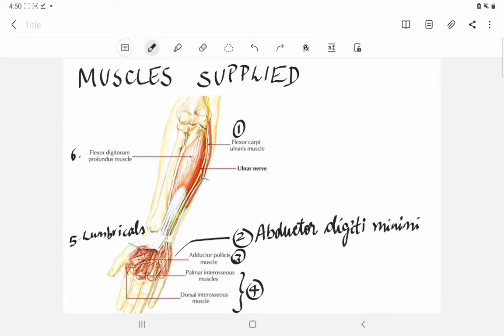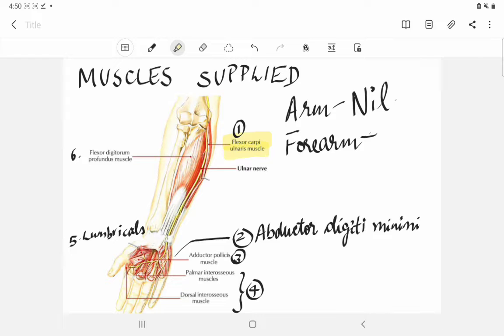So now we'll talk about the muscles supplied by the ulnar nerve during its course. First, we talked about its course in the arm, and in the arm, it supplies no muscles. So in the arm, it's nil. Now, when we come to the forearm, as you can see from the diagram, the muscles supplied by the ulnar nerve are the flexor carpi ulnaris muscle and the flexor digitorum profundus muscle. The flexor digitorum profundus is supplied by both the median nerve and the ulnar nerve.